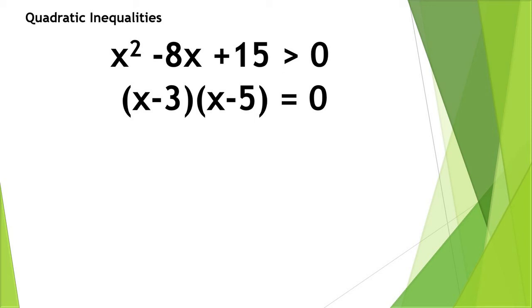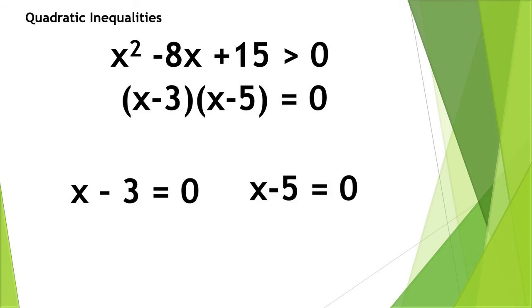Now, by applying the zero factor property, it becomes x minus 3 equals 0 and x minus 5 equals 0. Both are examples of linear equations. So, what is the value of x in x minus 3 equals 0? The answer is x equals 3, and x minus 5 equals 0 becomes x equals 5.